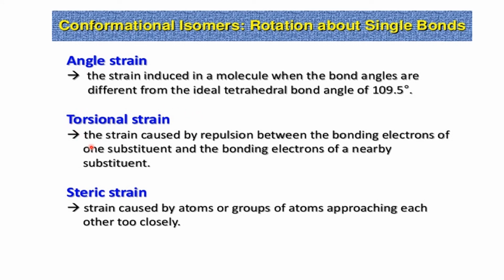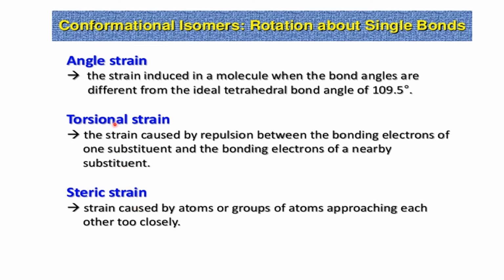It is the strain caused by the repulsion between the bonding electrons of one substituent and the nearby substituent. And another strain is the steric strain. These two strains, torsional strain and steric strain, are the reason why Stargate conformation is more stable than eclipsed conformation.